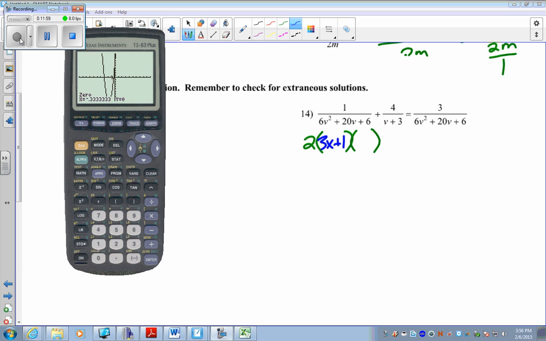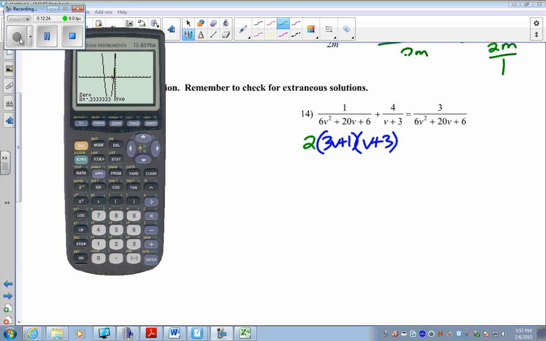I guess those should be v's. Okay, so change that. So it's 3v plus 1 and v plus 3. So our last denominator is the same thing. So we have to look what's in all of our denominators, this last one.